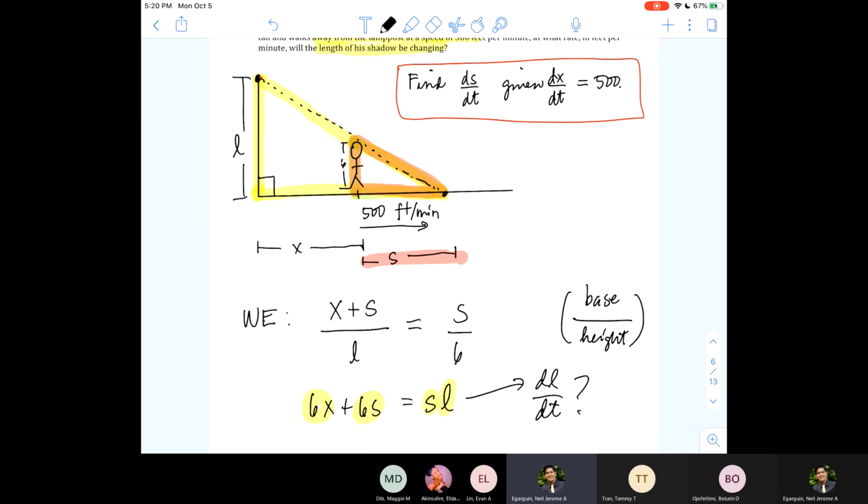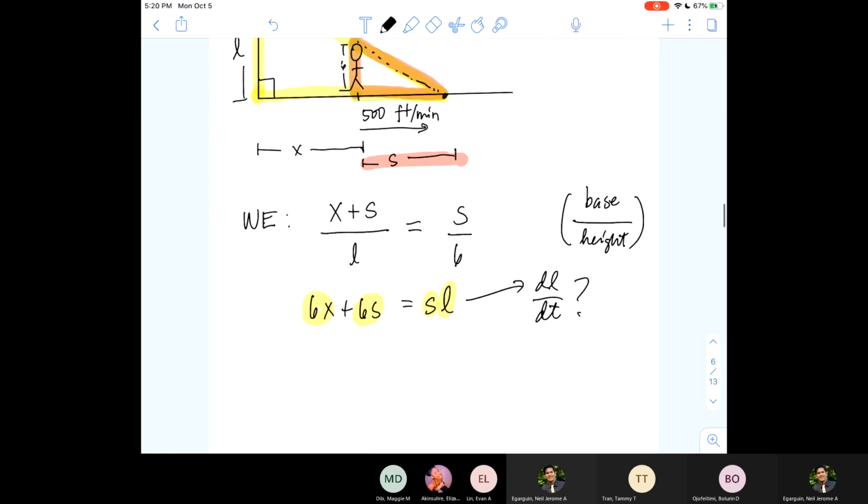But what can we say about dl over dt? What does that represent? Anybody? What does dl over dt represent?